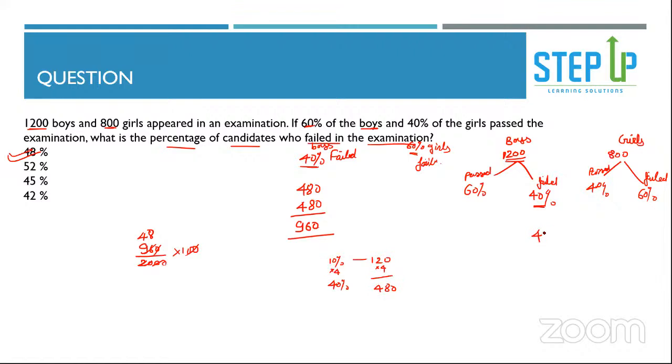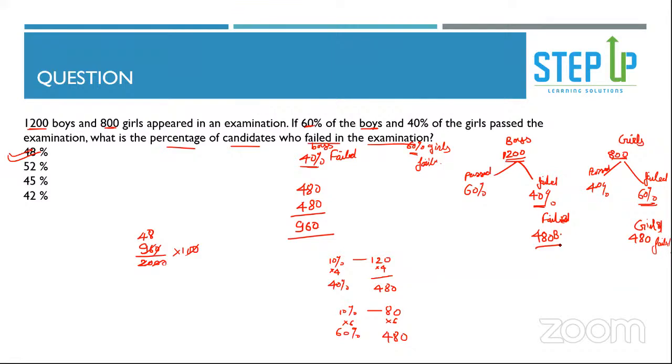So 480 boys failed. And then 60% of 800. So 10% of 800 is 80. So 60% is 80 into 6, 480. It means that 480 girls failed.